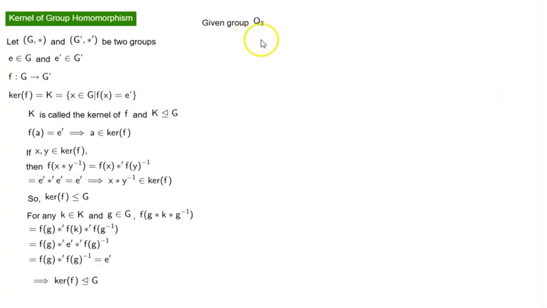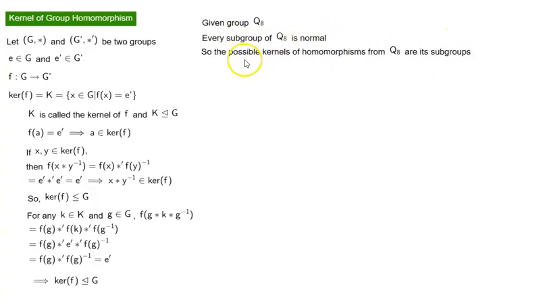Given the group Q8, every subgroup of Q8 is normal. We know that. So the possible kernels of homomorphisms from Q8 are its subgroups. Now, {1} is a kernel. That is, a kernel contains only one element, 1, when f maps Q8 to Q8, where f of x equals x. So here, every element of Q8 gets mapped to itself by the homomorphism f.